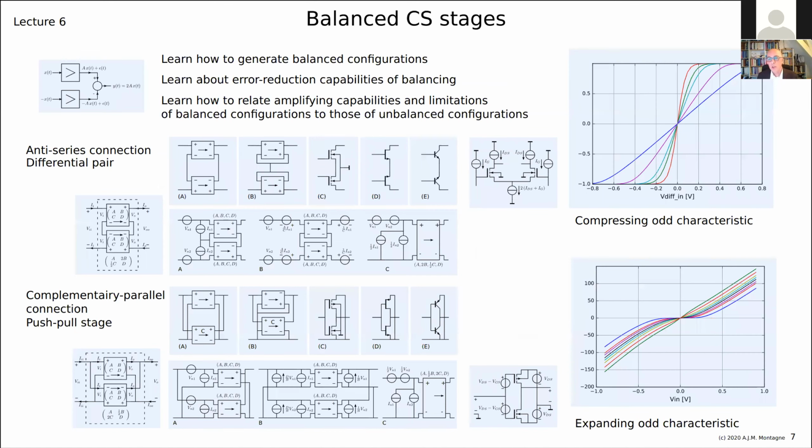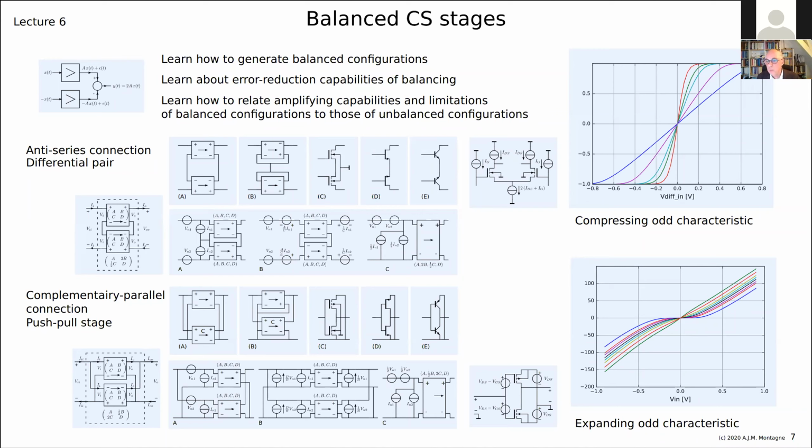So we will introduce you to the principle of balancing, because this is your concept. You have some effects you don't want, you add the opposite, and then it's gone. That is additive compensation, basically. And then we are going to use network theory to apply this to the single CS stage that we have studied thoroughly.